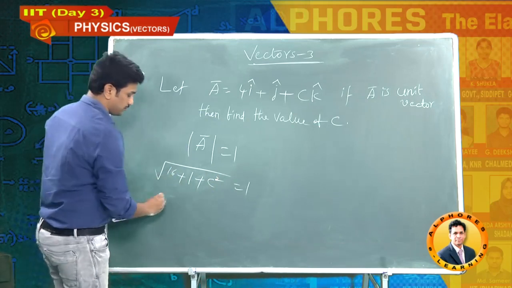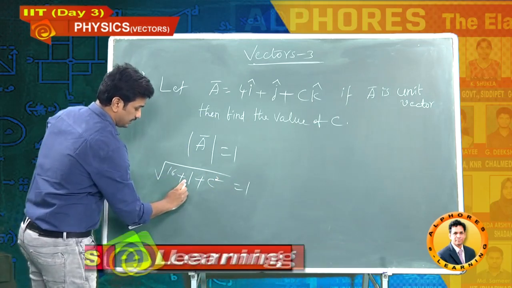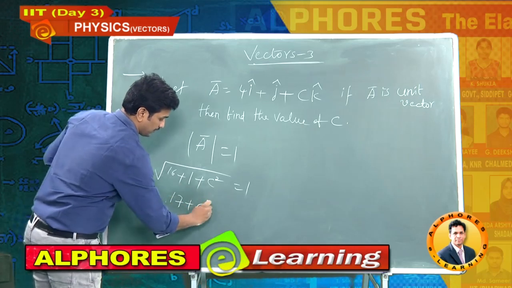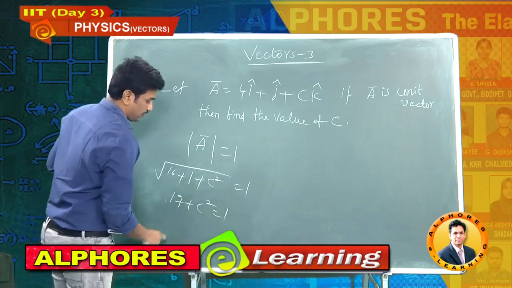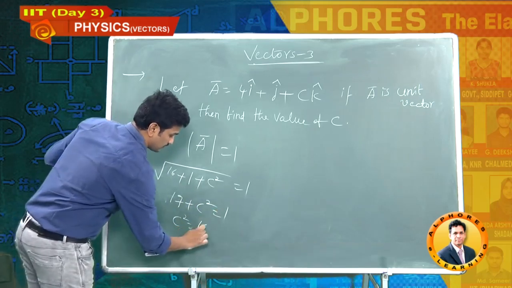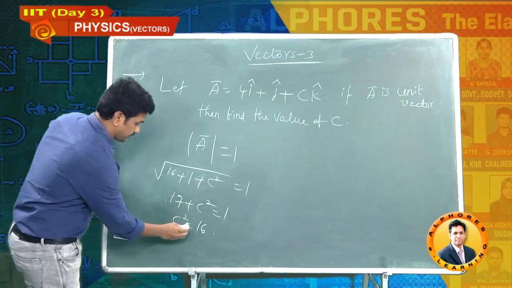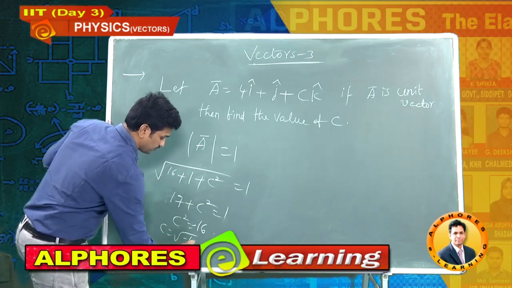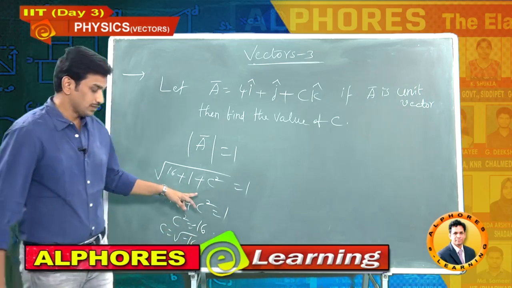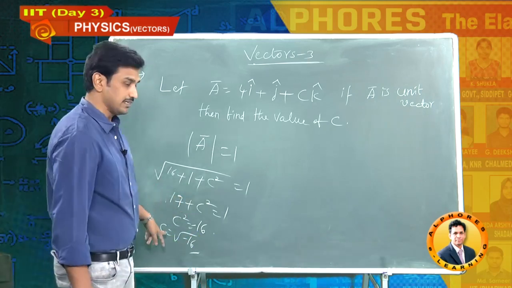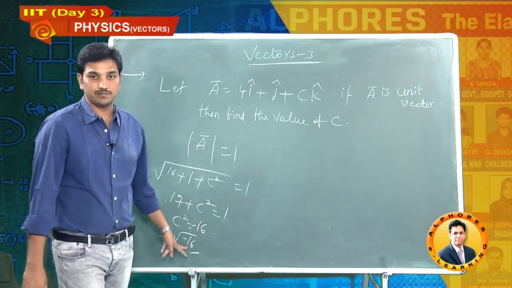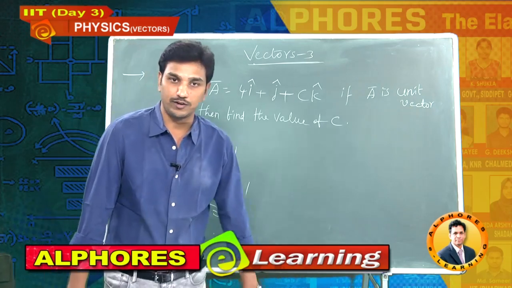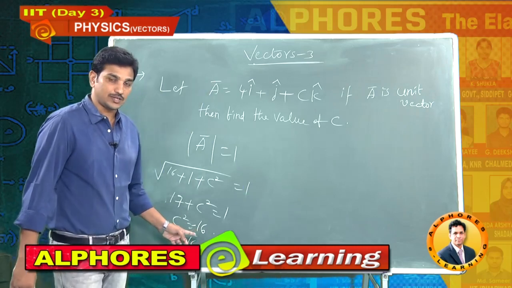Squaring on both sides, 17 plus c squared is equal to 1. So c squared is minus 16. What's the value of c here? Under root minus 16 has no real root value because it's an imaginary value.